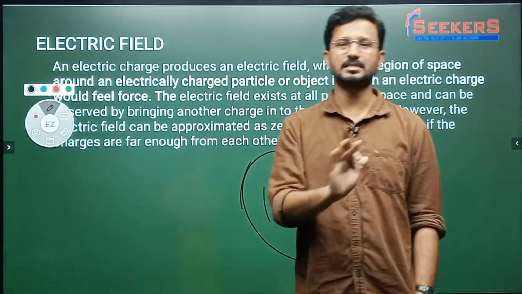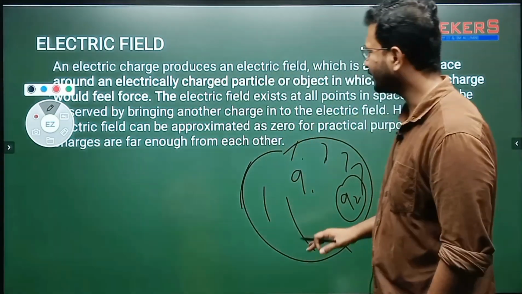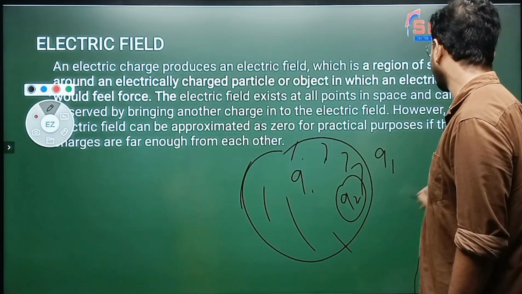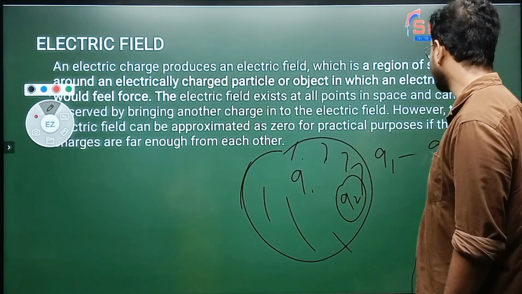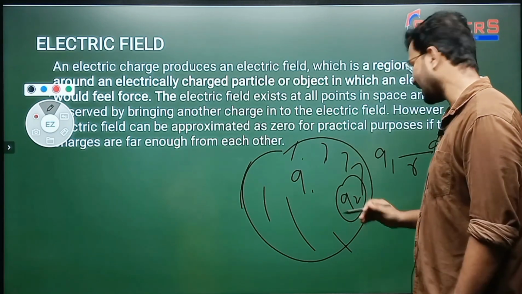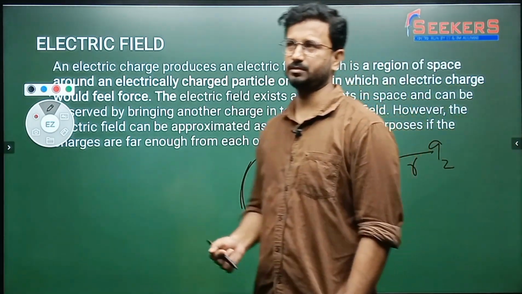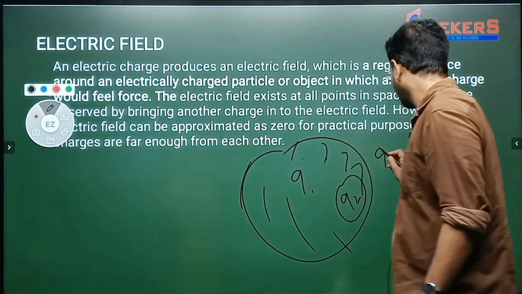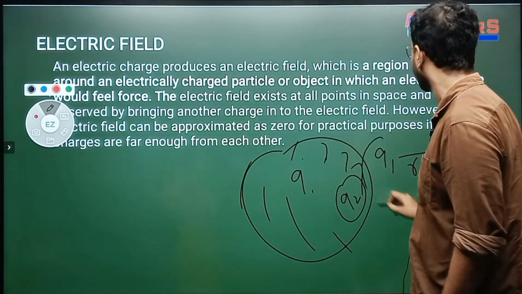And electric field intensity is a different thing. When we study Coulomb's law, we study the force between two charged particles Q1 and Q2 separated by some distance r. It's actually a two-step process. It doesn't happen suddenly.